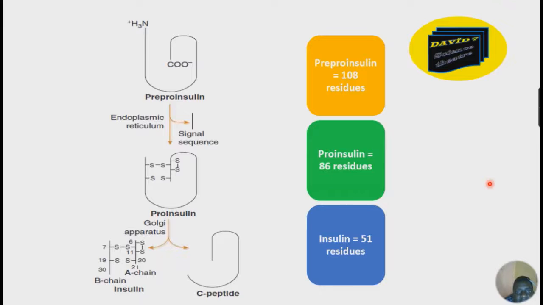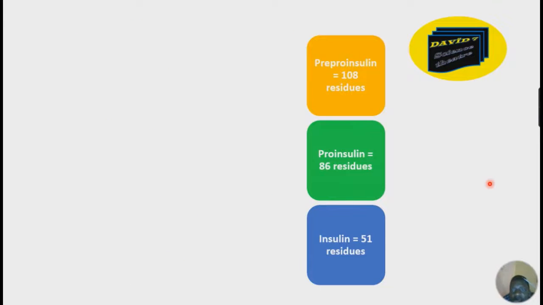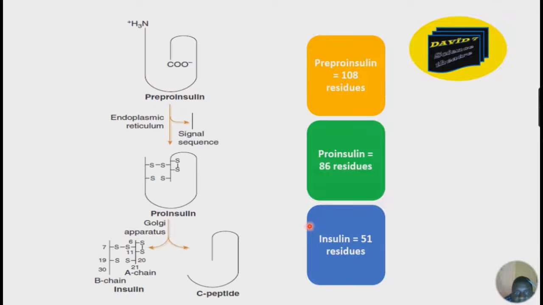Let's look at this. When insulin is being formed, it is formed from pre-proinsulin, which has 108 amino acids. Then it goes to proinsulin, which has 86 amino acids, and final insulin, which has 51 amino acids. So what occurs?